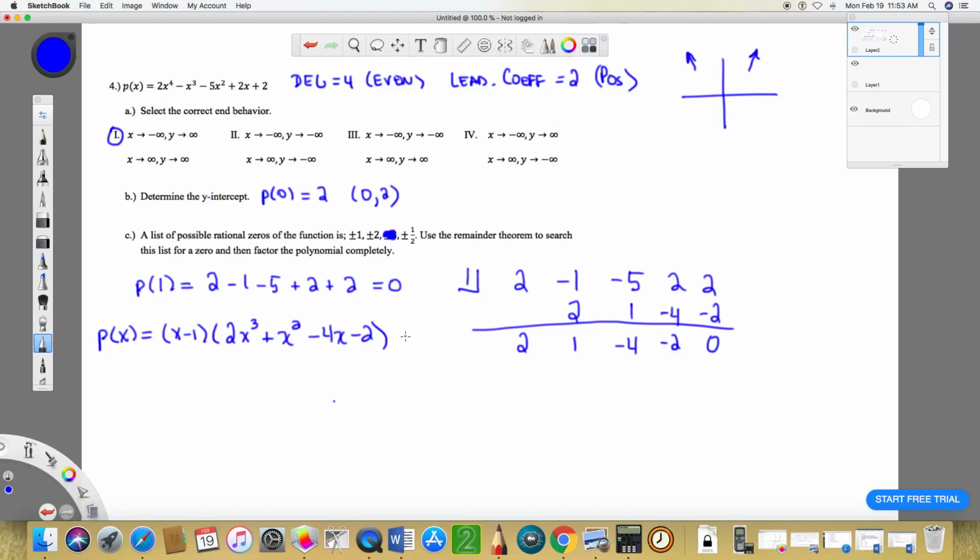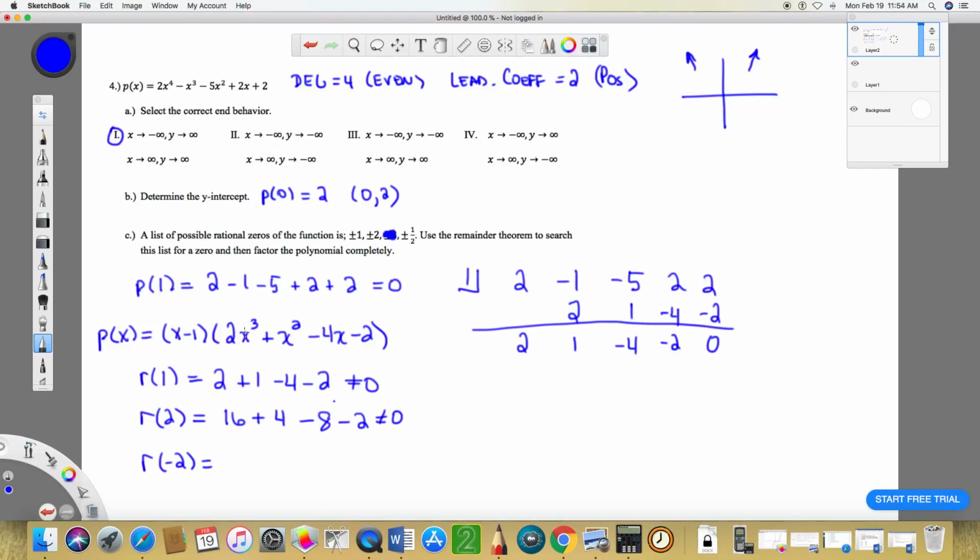So if we do try 1, we'll call R rather than P for reduced. What would we have? We'd have 2 plus 1 minus 4 minus 2, and that's not 0. What if we try 2? 2 cubed is 8. 2 times 8 is 16. Plus 4 minus 8 minus 2, and that's not equal to 0. Let's try negative 2. I don't think it would. But let's see.